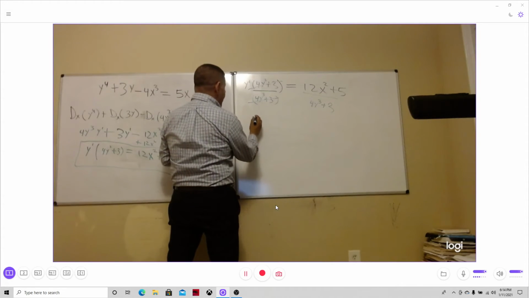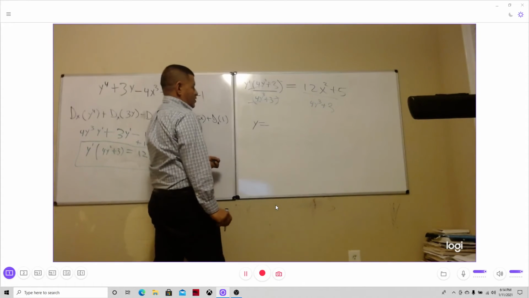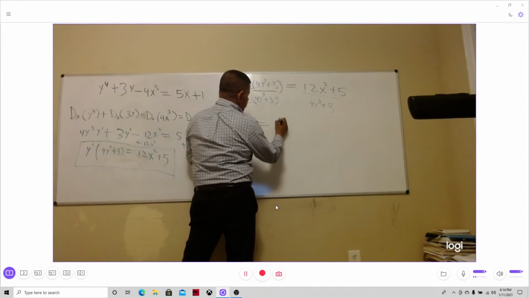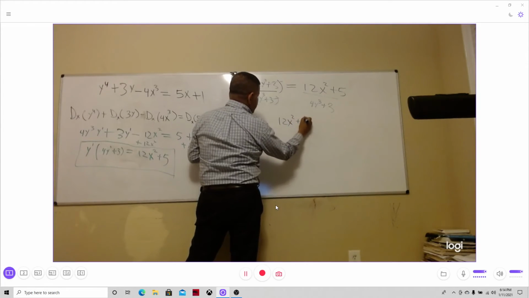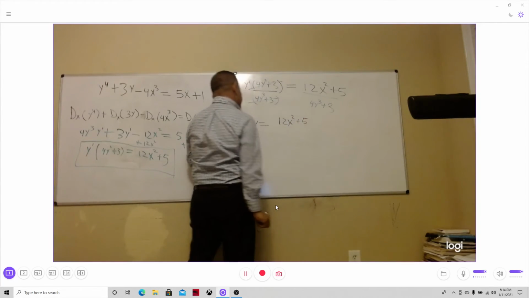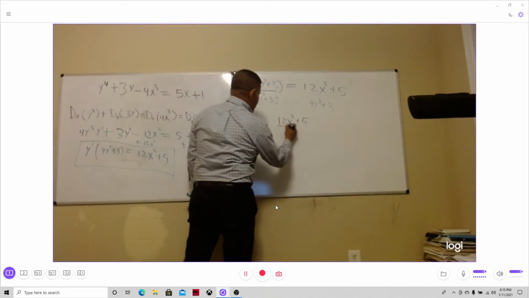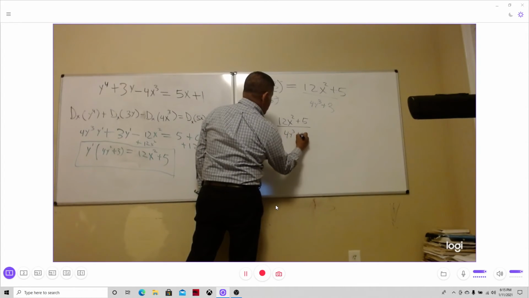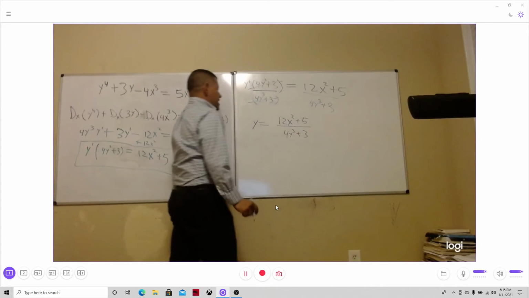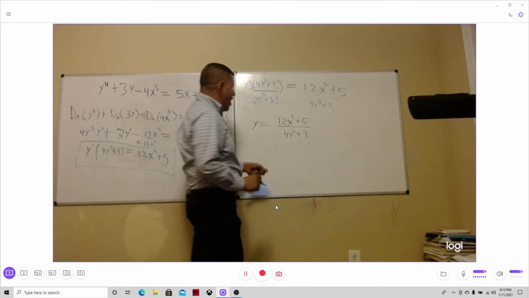Now I have y prime equal to what? Y prime is equal to 12x squared plus 5, right? Over 4y cubed plus 3.